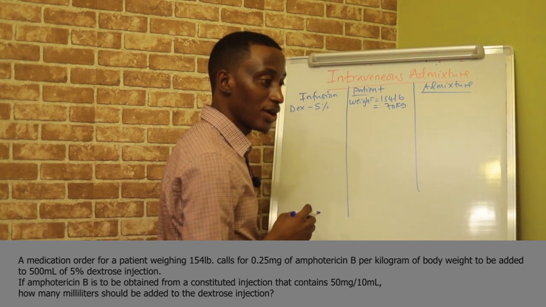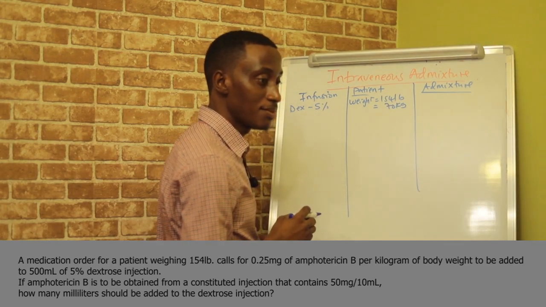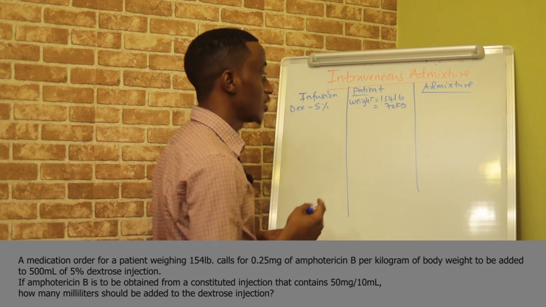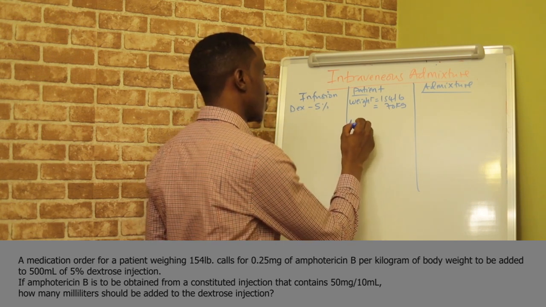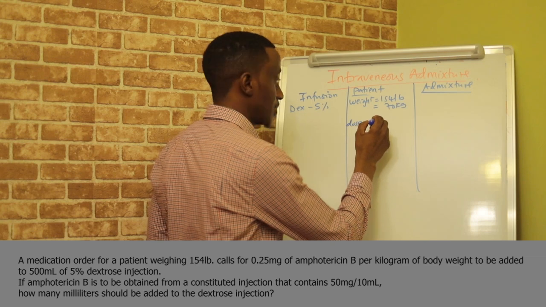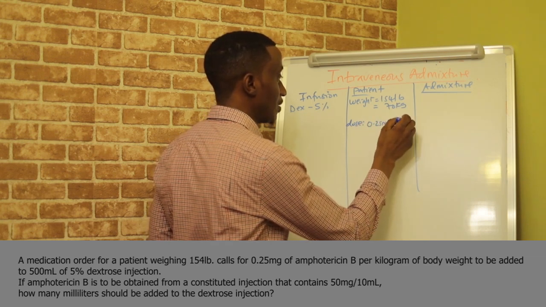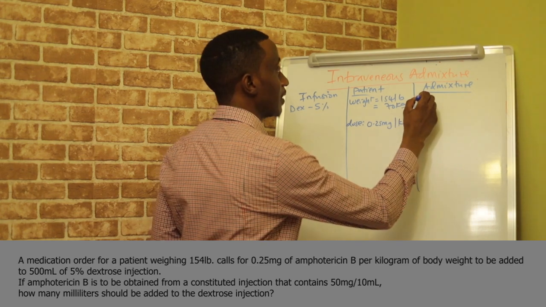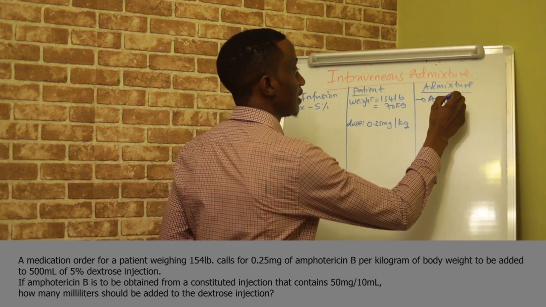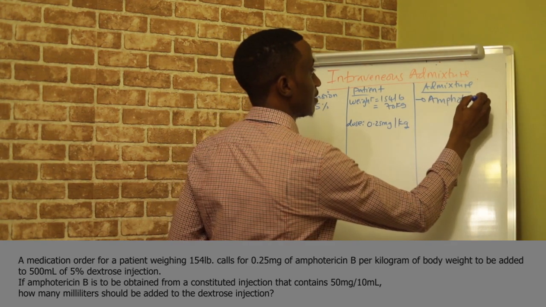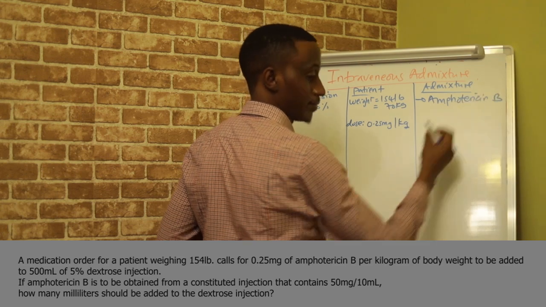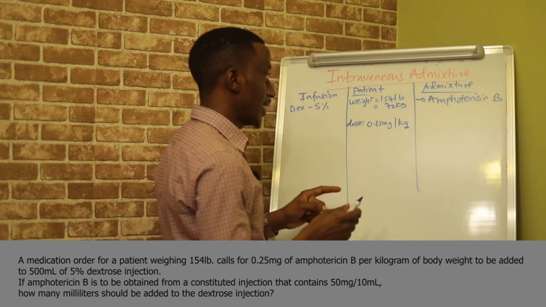It calls for 0.25 milligrams of amphotericin B per kilogram of body weight. So the dose for this patient is 0.25 milligrams per kg. The admixture is amphotericin B, to be added.